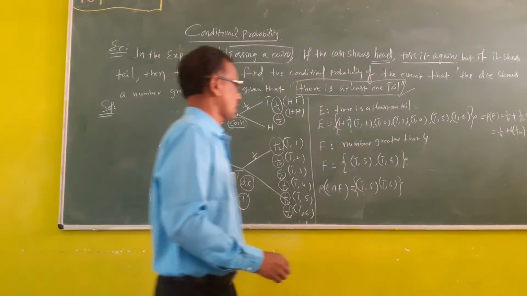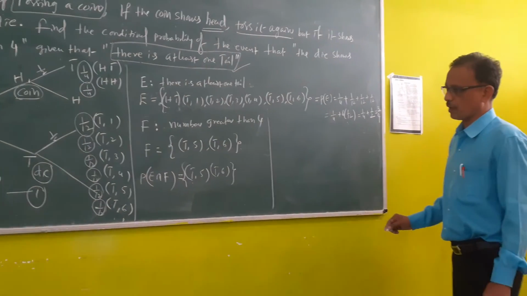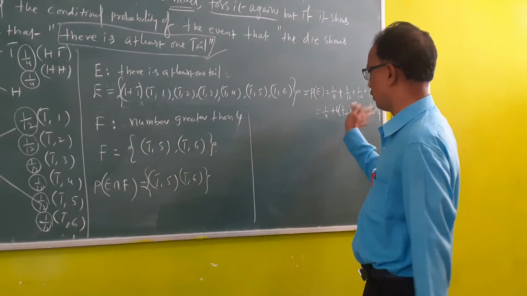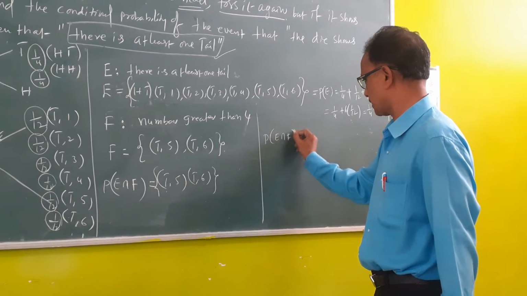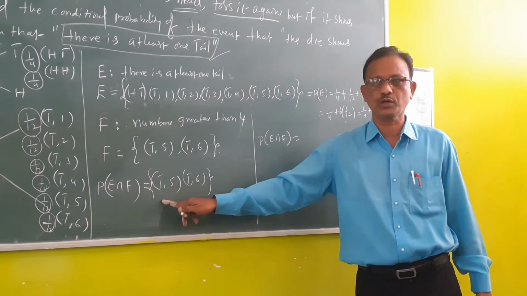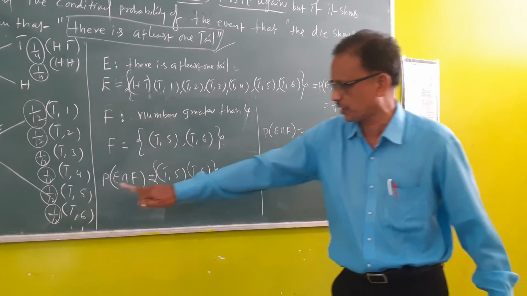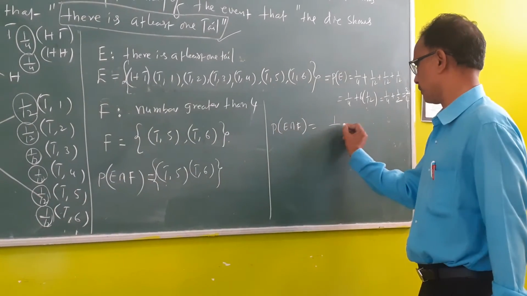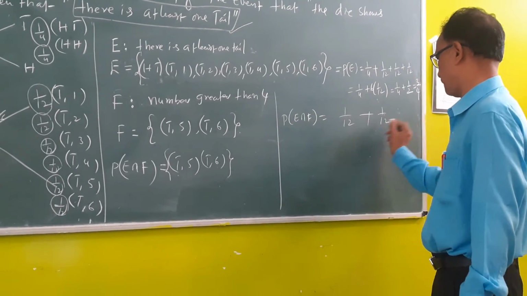Next, what is the probability of E? E is already done. Next, the probability of intersection E intersection F: these two outcomes are there. What is the probability of this? T5 probability is 1 by 12, T6 probability is also 1 by 12.